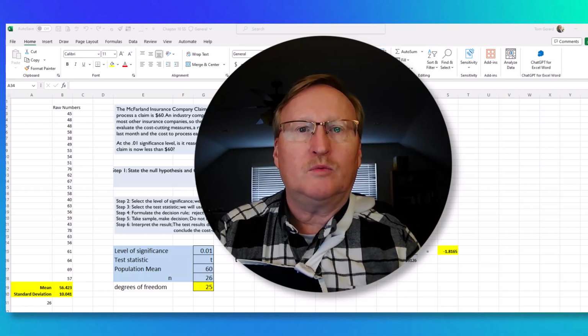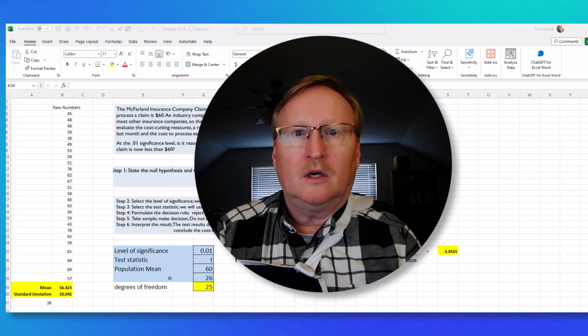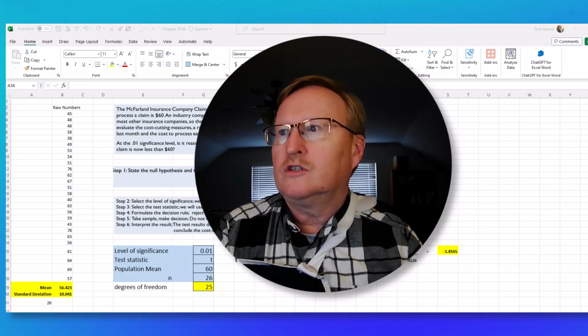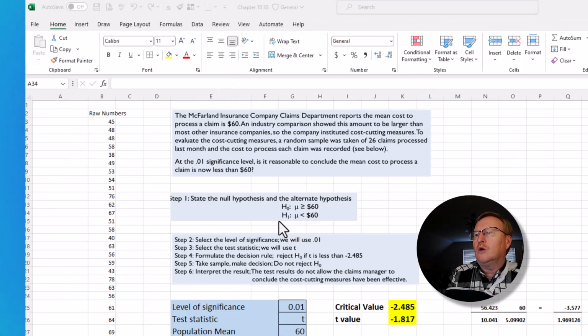So many times we're saying that the normal is $60 in this case. So our alternative hypothesis is our sample data, or population data in this case, less than the norm at the 0.01 significance level?